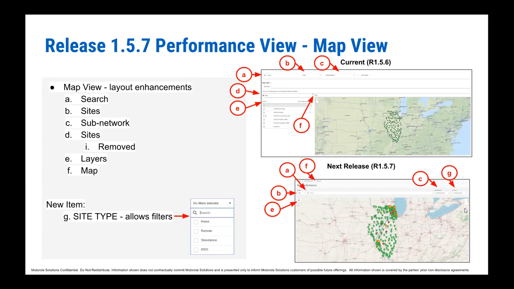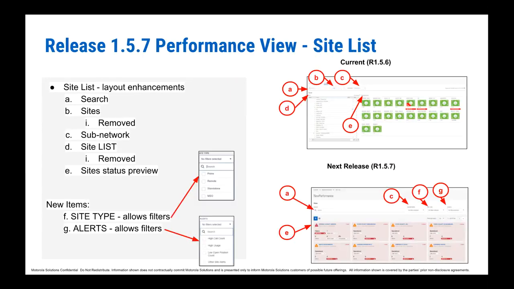As before, when selecting a site pin on the map, a pop-up box will appear with the site details. We will review the new look of this box in the Site List option. Moving to the Site List option, the breadcrumbs are at the top of the screen.